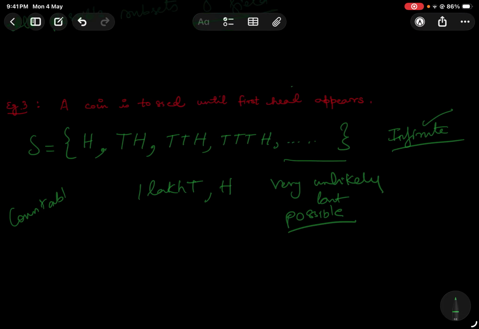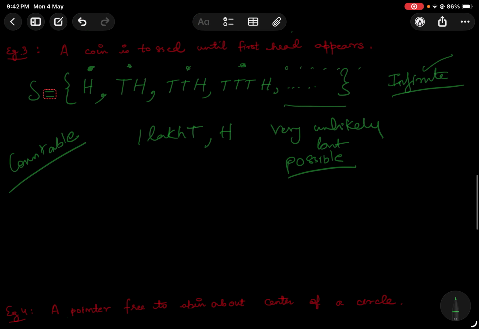The thumb rule to determine if it's countable is that you can step by step count the elements. So 1, 2, 3, 4, like that, and you can keep counting it. So this is an infinite and countable set. And here again, although I cannot list out all possible subsets of this, for all practical purposes, for defining probabilities, any subset of this, may it be finite, may it be infinite, we can define probabilities on that, right?